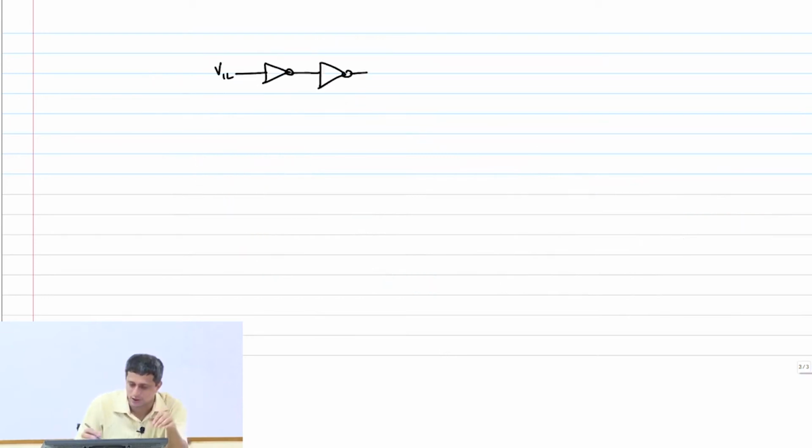Therefore, this has to be VOH. Now, I want this output to be recognized as a logic high. What is the condition on the second inverter? This is I1, I2. What is the condition on the second inverter for this VOH to be recognized as a logic high?